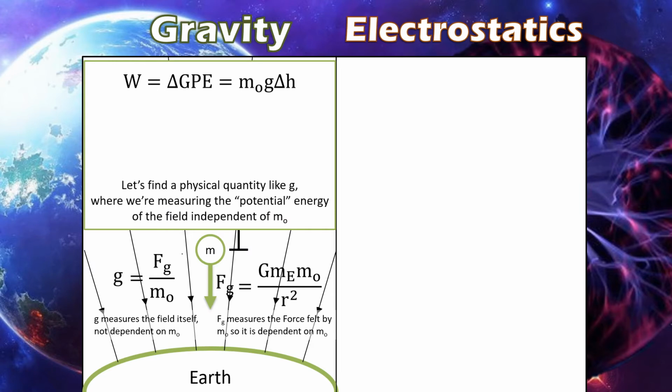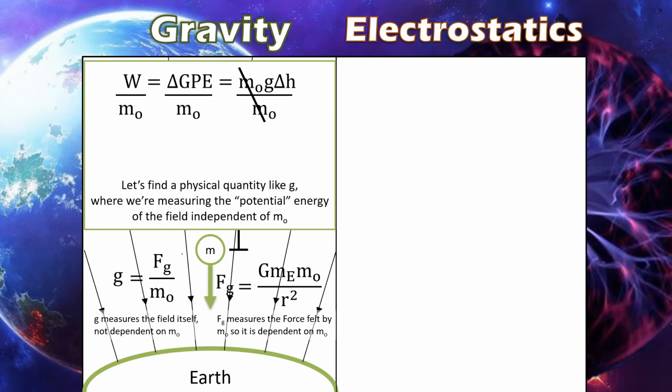That's equal to mgh. Let's find a physical quantity like g, the gravitational field strength, where we're measuring the potential energy on the field independent of the mass. So it's not actually the potential energy, it's just the potential of the field at that point. The way we get it independent of the mass is we divide all of these quantities by the mass.